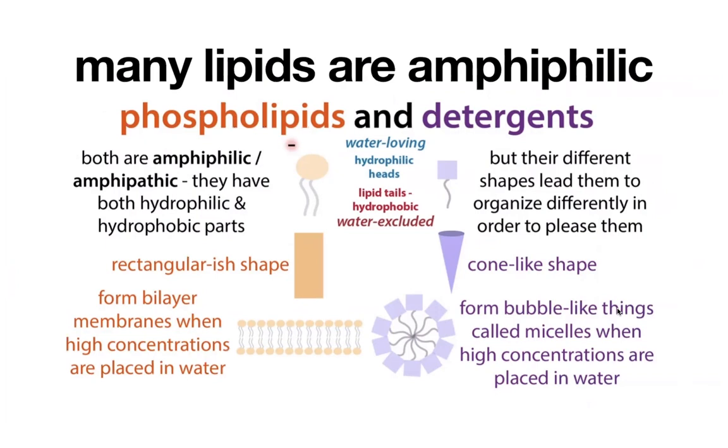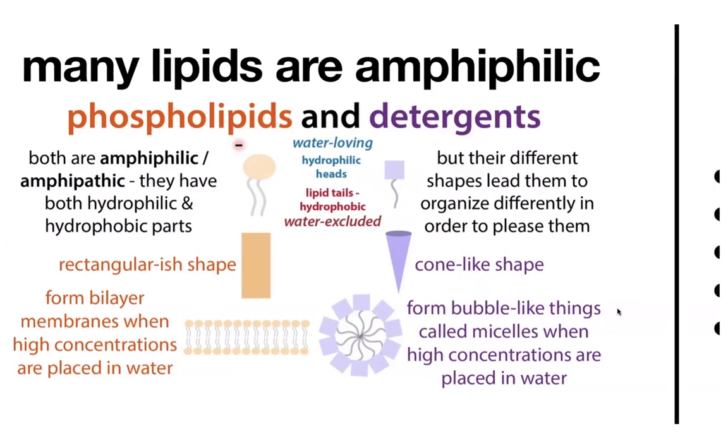And we'll go into some of the different types of arrangements that these lipids can form in order to have their hydrophilic parts exposed to the water and their hydrophobic parts clustered near one another. And so we'll talk about how we have membranes that are made up largely of phospholipids and some glycolipids, sphingolipids, these lipids that are going to form these bilayers.